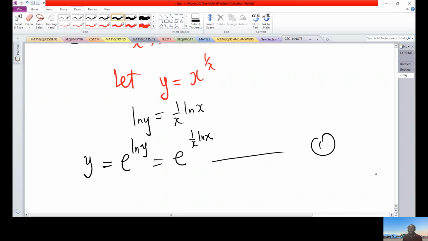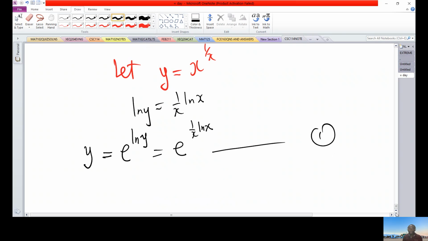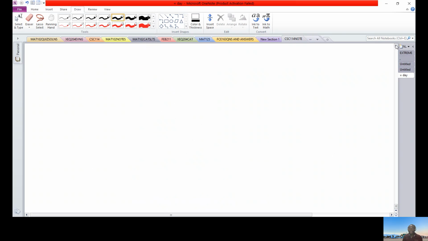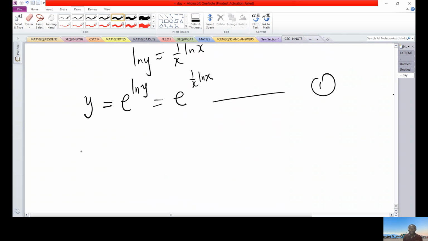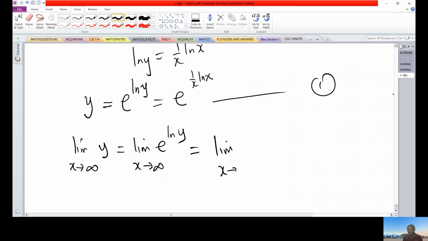Call this one equation 1. Now you apply the limit as x approaches infinity on both sides of equation 1. So applying limits, we have the limit as x approaches infinity of y equals the limit as x approaches infinity of e raised to the power ln of y, which is the limit as x approaches infinity of e raised to the power 1 over x ln of x.